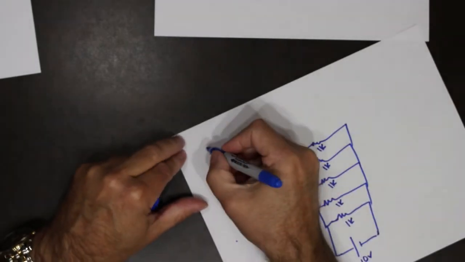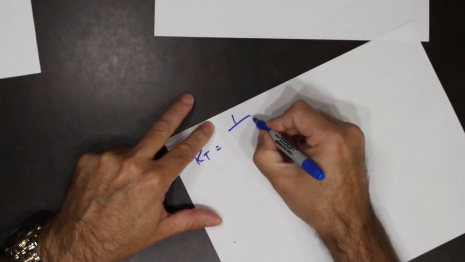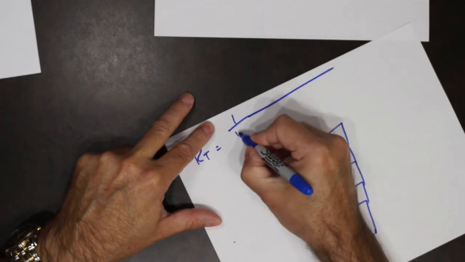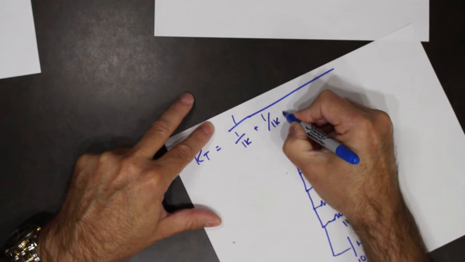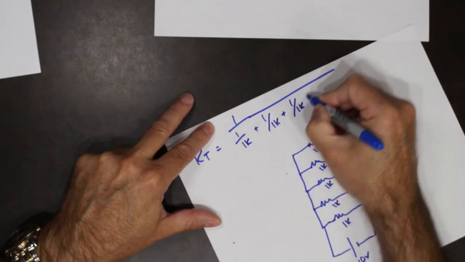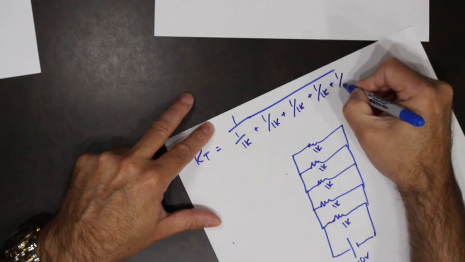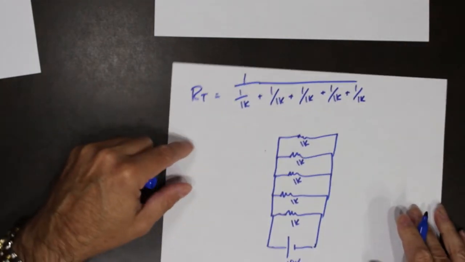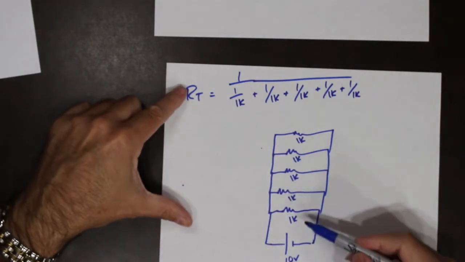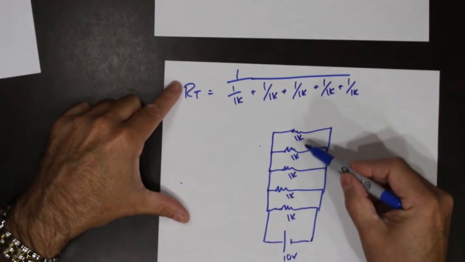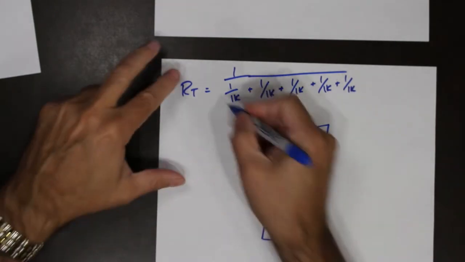So if I did R total is 1 over 1K plus 1 over 1K plus 1 over 1K plus 1 over 1K plus 1 over 1K. We know that formula works in all circumstances. So we have 5 resistors, each of them the same value.